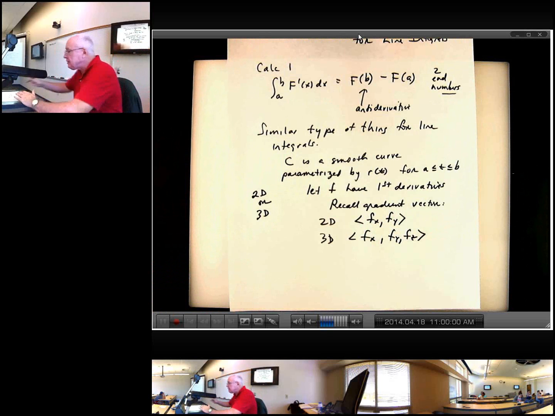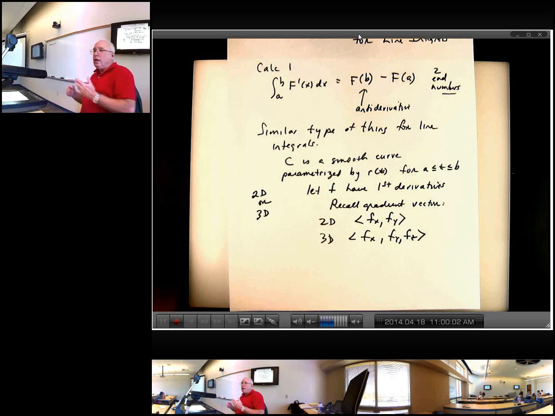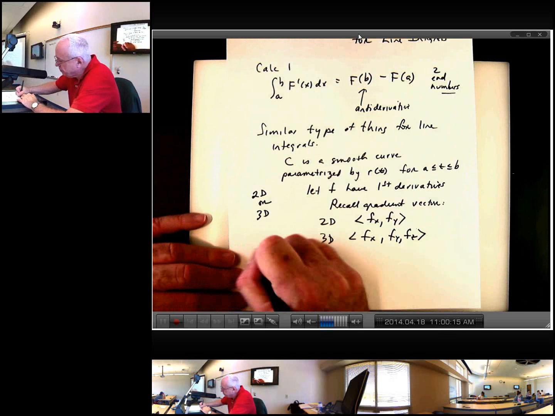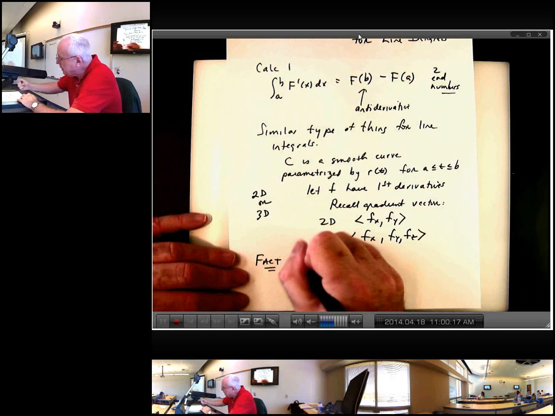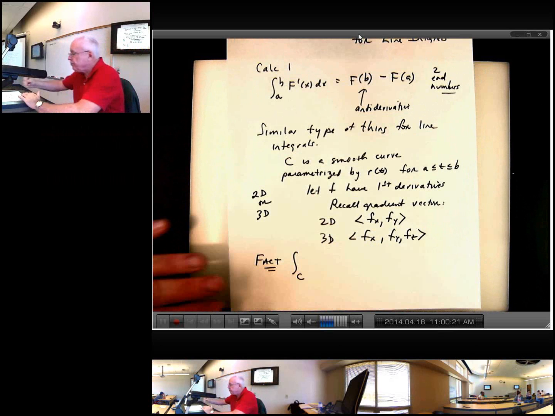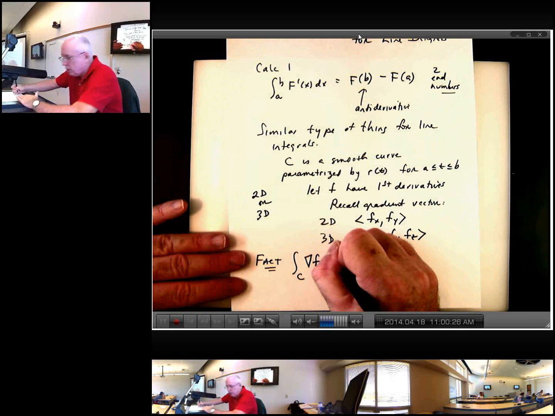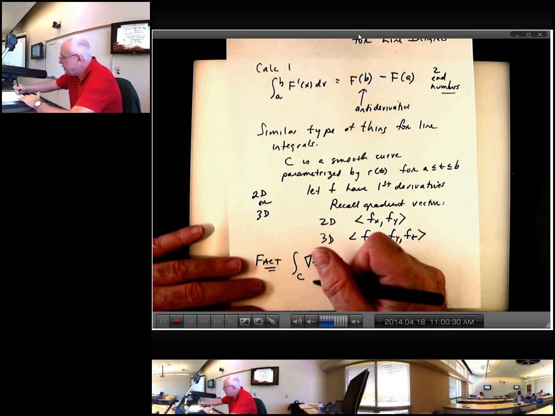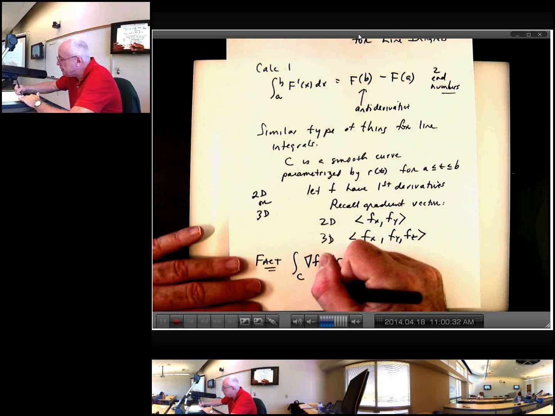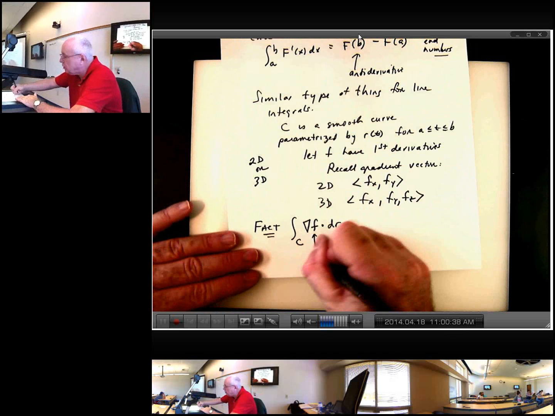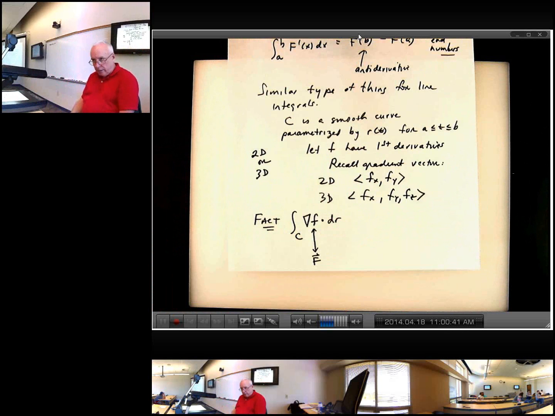So, since this is a vector, we can treat it just like we did a force vector. Okay, a vector is a vector. So in fact, the line integral along this curve C of this gradient vector dot dr. So this is just like the other one, except now we're replacing gradient f by what we had previously called capital F. That's all we're doing here.